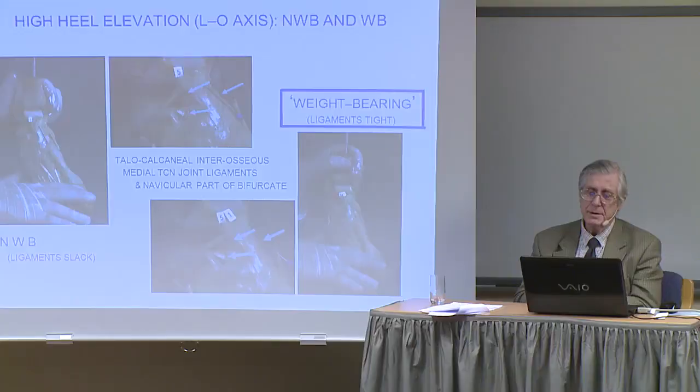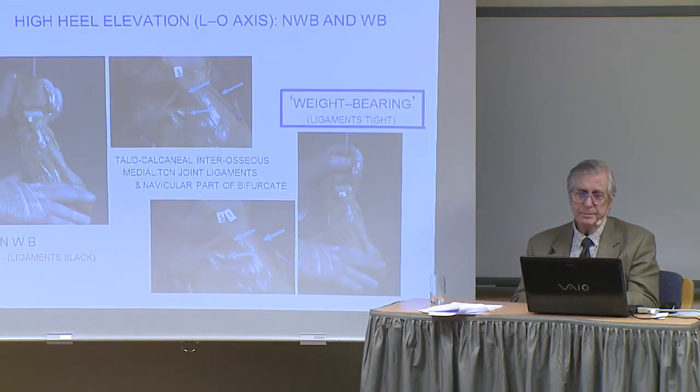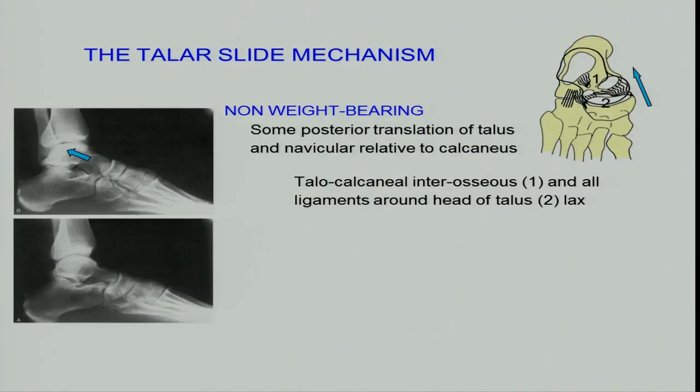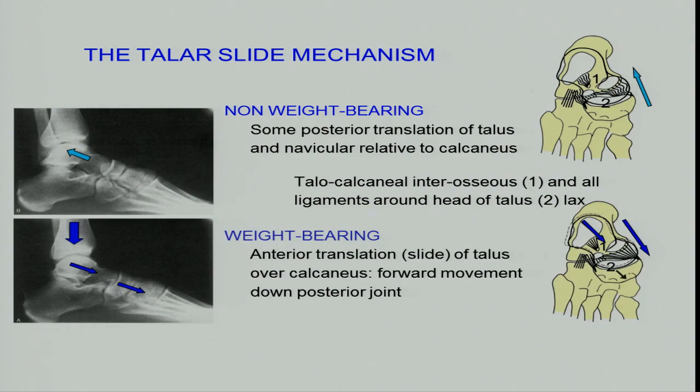And the navicular was pushed a little bit away from the calcaneus, and they all tightened. So when non-weight bearing, the navicular was moving backwards with the talus, and the talo-calcaneal interosseous and all ligaments around the head of the talus became lax. As soon as we became weight-bearing, there was a little anterior translation, anterior slide of the talus, and they all tightened.